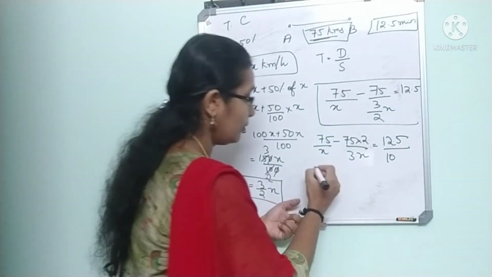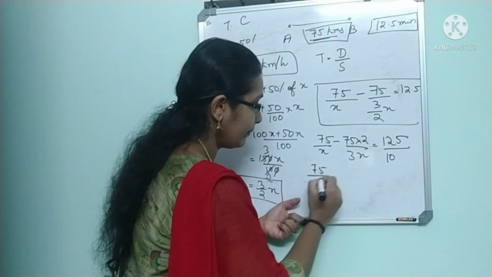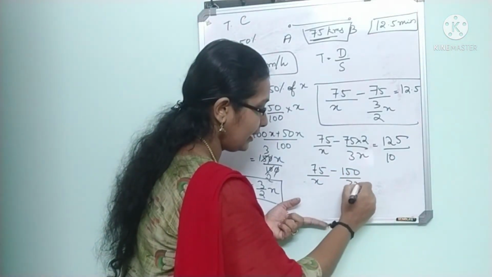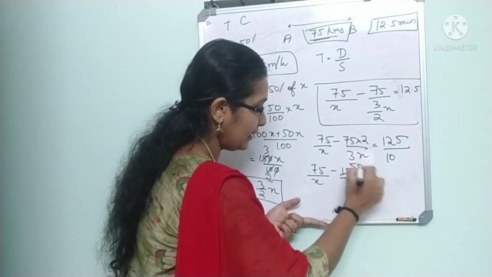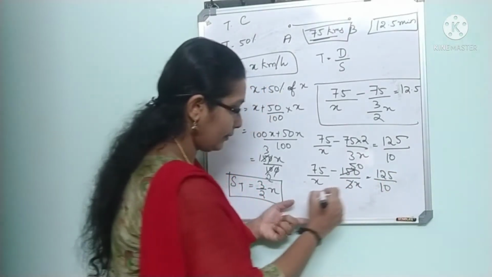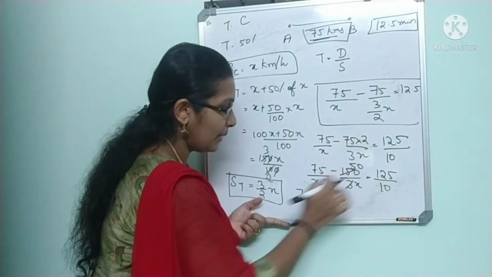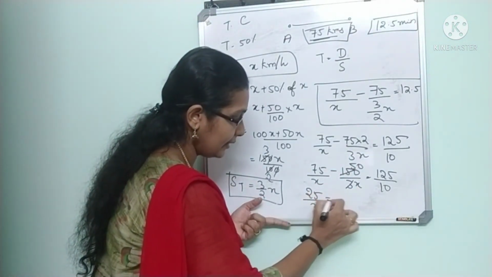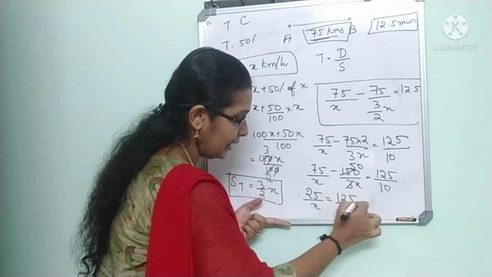Clear? So 75 divided by x minus 150 divided by 3x. So 3 fives are 15, so that is 50, which is equal to 125 divided by 10. Clear? So 75 minus 50 is 25 divided by x is equal to 125 divided by 10.